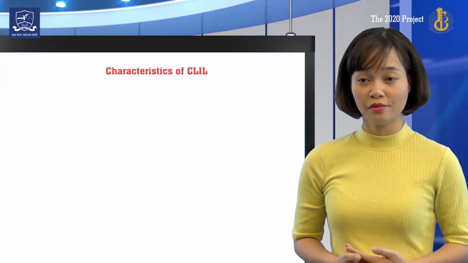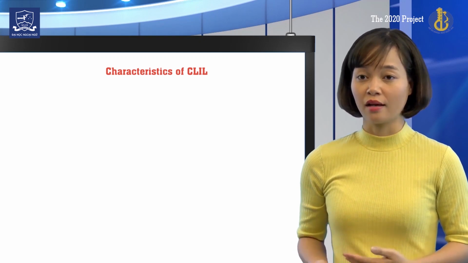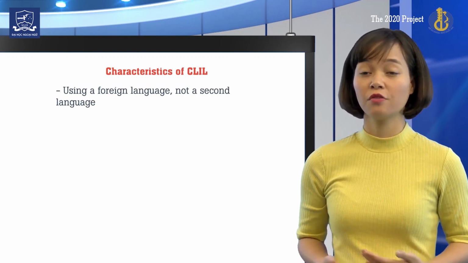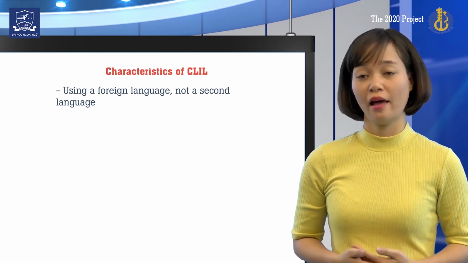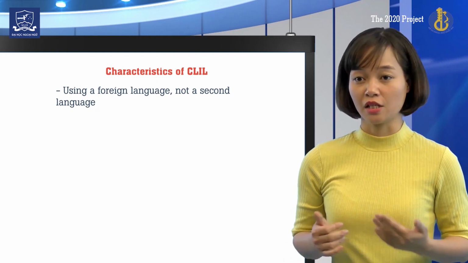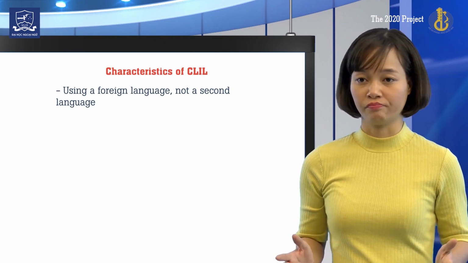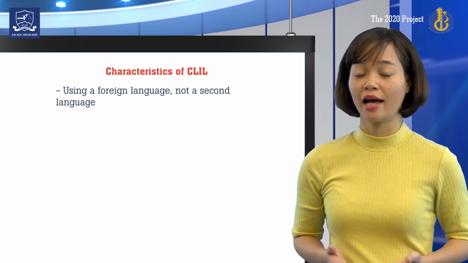There are some characteristics of CLIL. Firstly, it is about using a foreign language or a lingua franca, not a second language. That is, the language of instruction is one that students will mainly encounter in the classroom rather than in the wider society they live in.